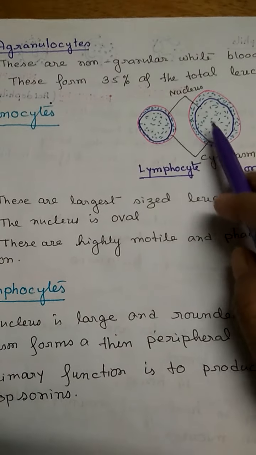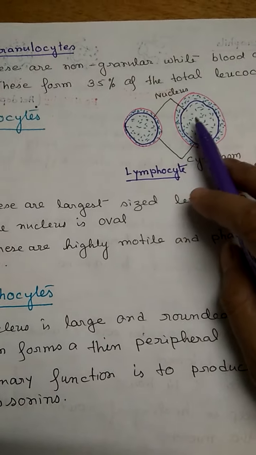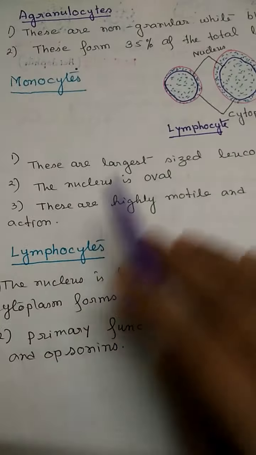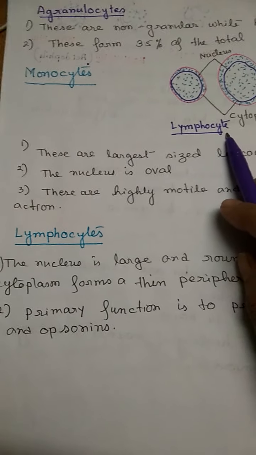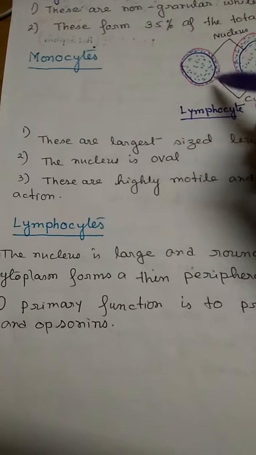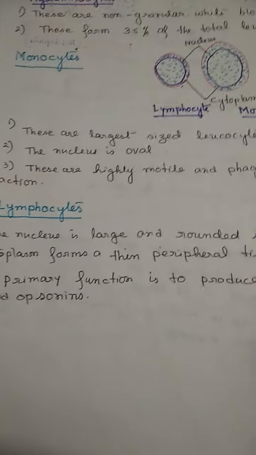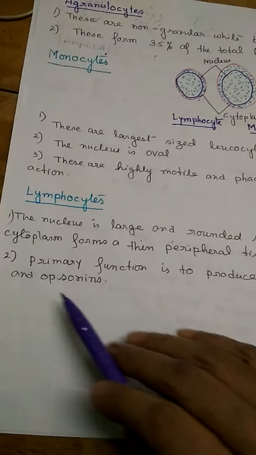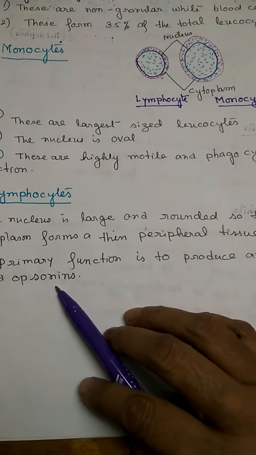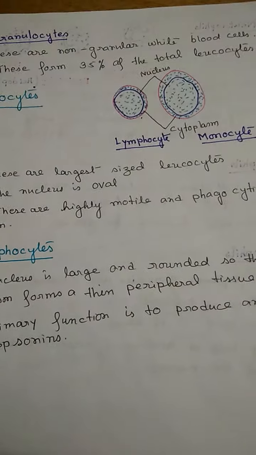When any germs enter our body, it can move, come in contact with the germs and engulf or destroy them. That is phagocytic action. Next one is lymphocytes. The nucleus is large and round in shape, and the cytoplasm forms a thin peripheral part. The primary function is to produce antibodies and opsonin. So this one is again related with our immune system. So this is all about agranulocytes.